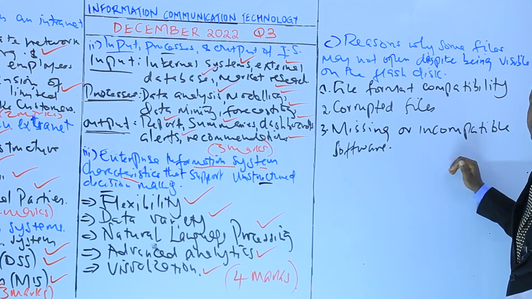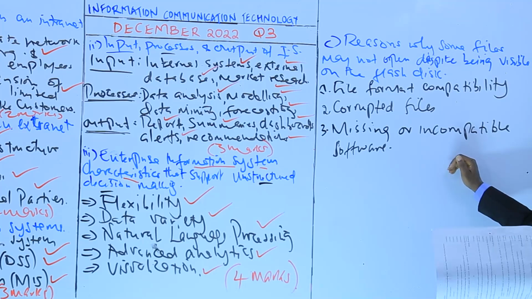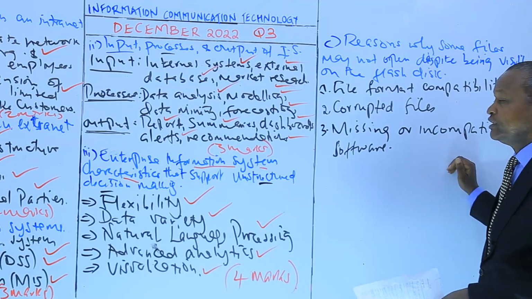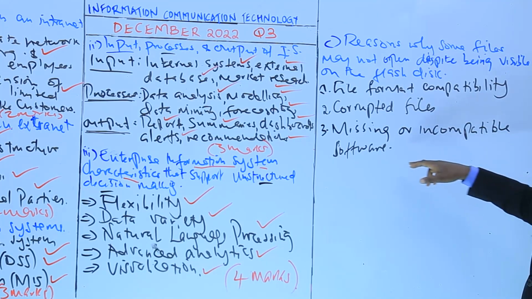For example, if the files were created using a specialized word processing software that is not installed on the work computer, then it may not be able to open the file. Missing or incompatible software.